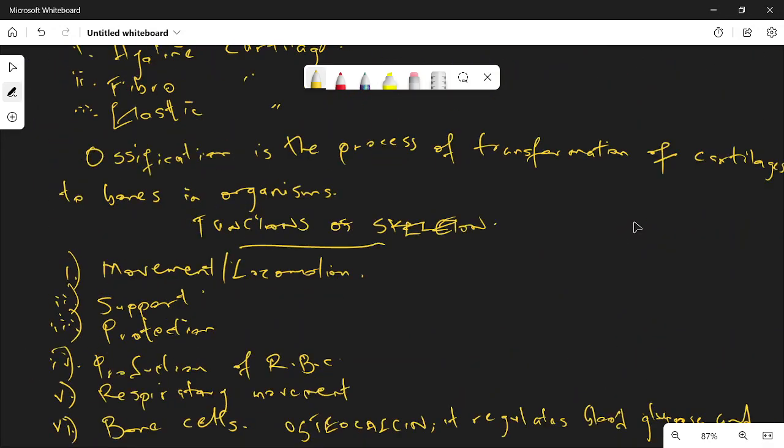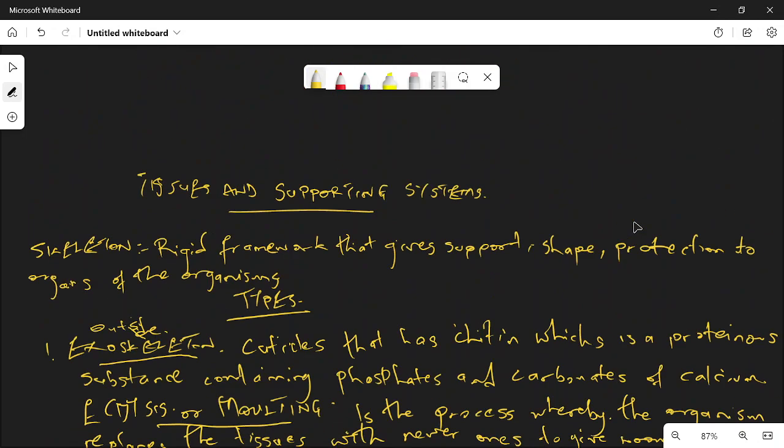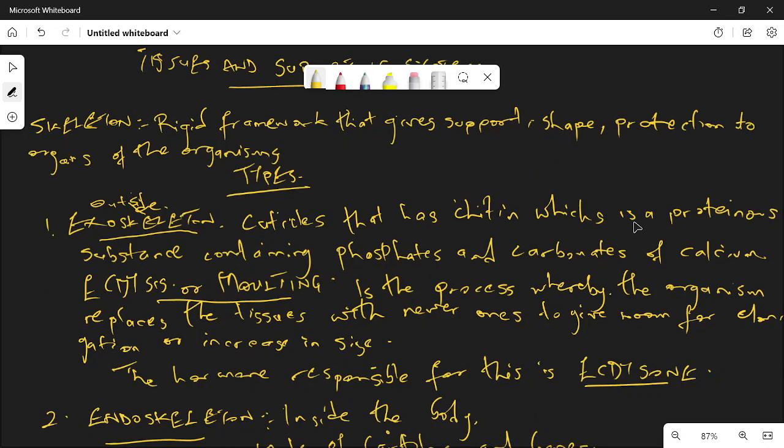So this was just talking about the last discussion we had when we started talking about tissues and supporting system. We talked about the skeleton, then the types of skeleton, where we talked about the exoskeleton, and then we went further to talk about the endoskeleton.